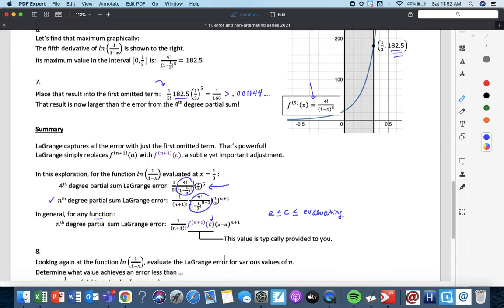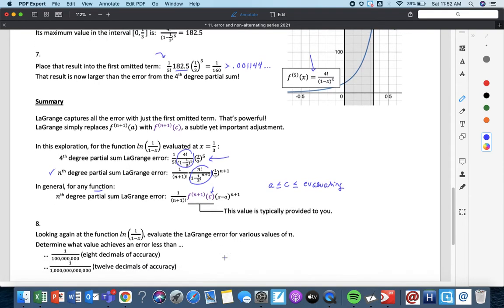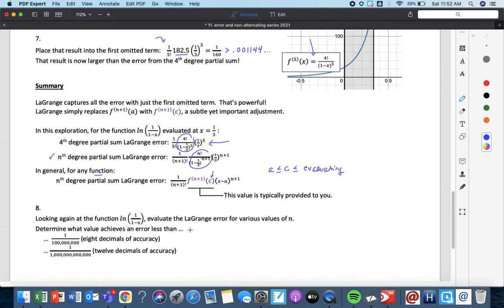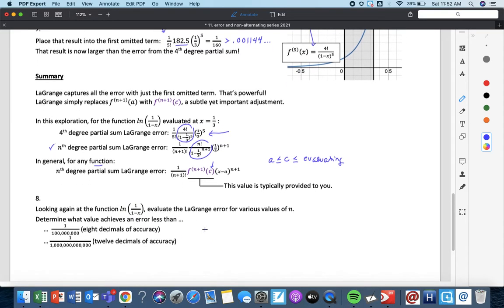And the last thing I want to show you is how to determine how many terms you need to achieve desired accuracy. So we're going to again look at that natural log function, and what I'm going to do is take that nth degree partial sum, so this 1 over n plus 1 factorial, n factorial over 1 minus 1/3 to the n plus 1 times 1/3 to the n plus 1. That's the first omitted term in general for an nth degree partial sum, and I want it to be less than 1 times 10 to the negative 9th.